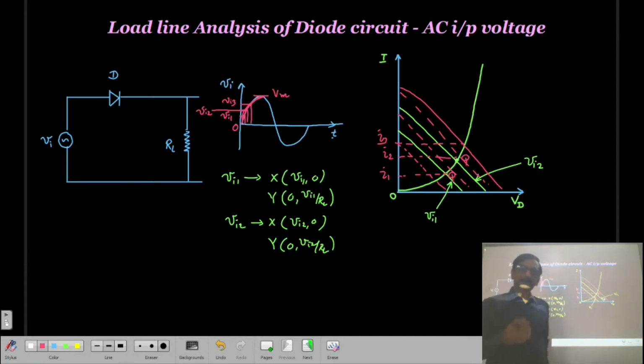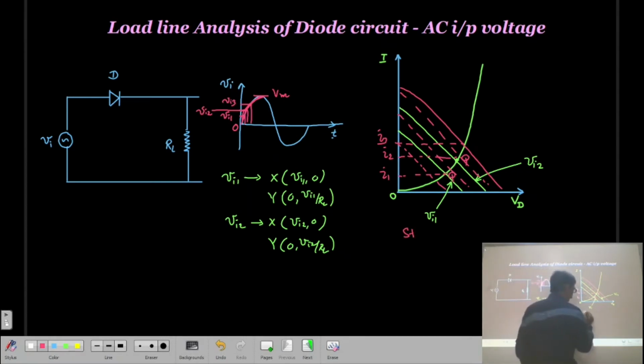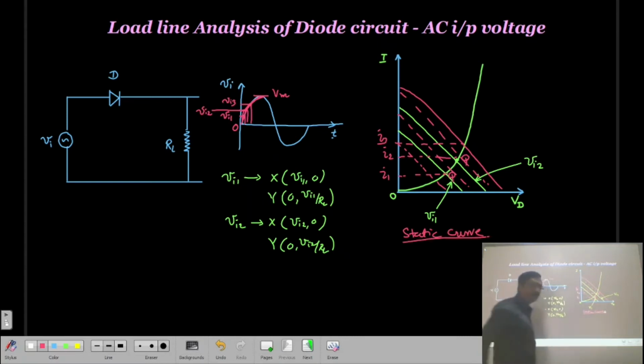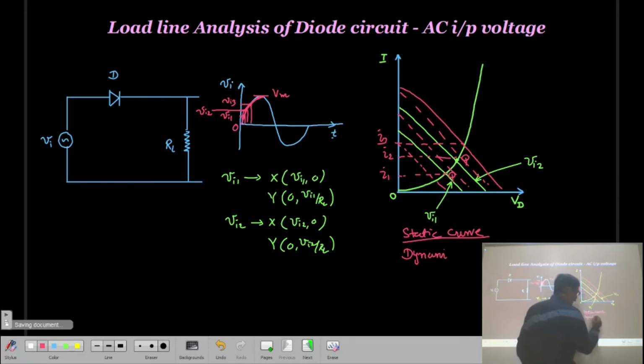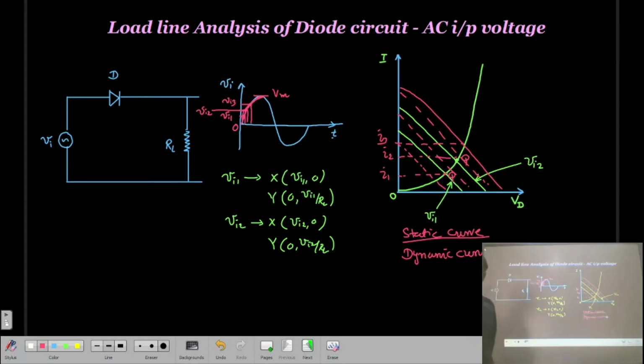So instead of this characteristic curve, remember this characteristic curve is a static curve. So instead of the static curve, if I draw a dynamic curve for this diode, what is a dynamic curve?